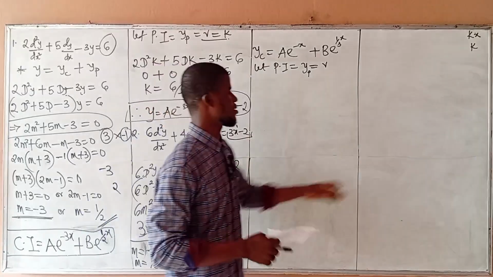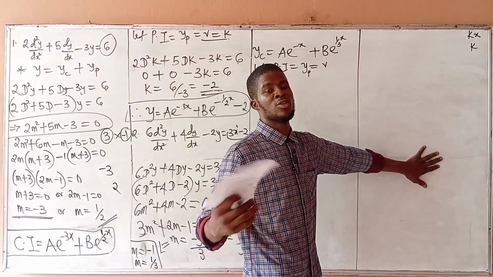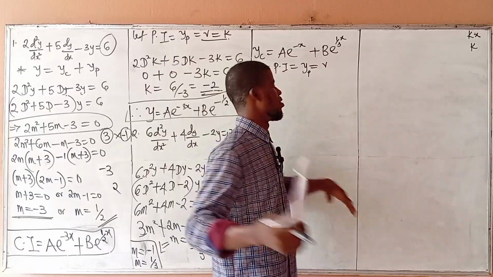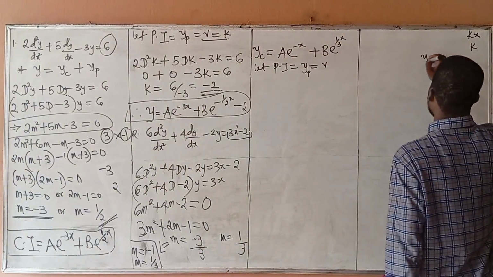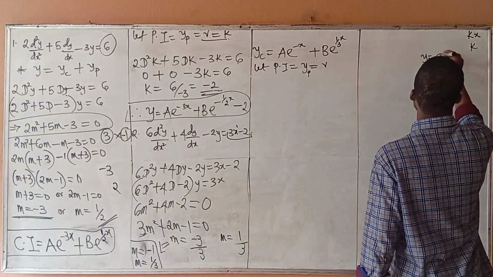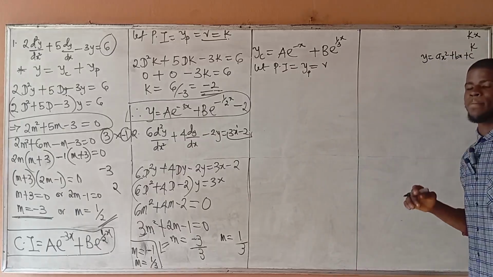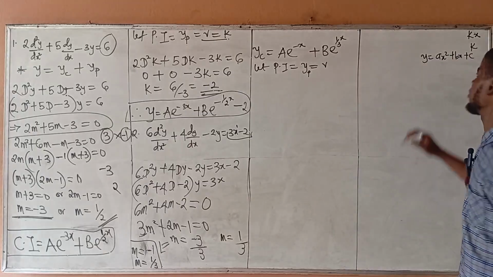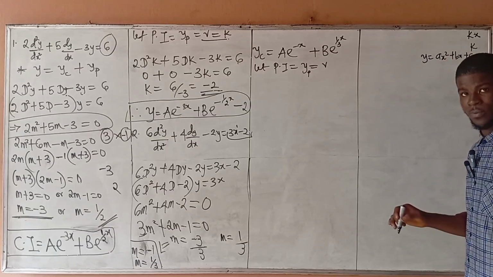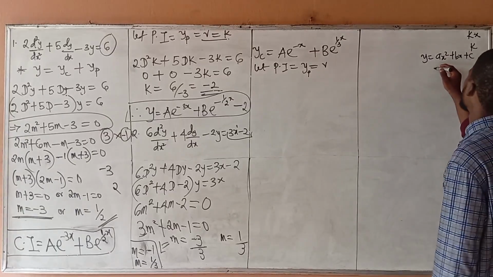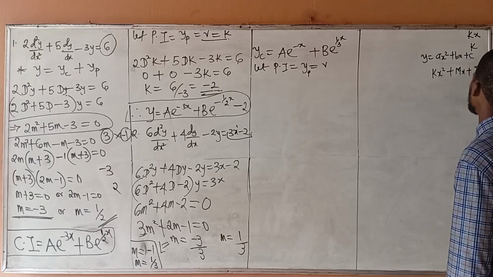So if you check those functions I wrote earlier, when I was giving the different cases for the particular integral, I said that for a function like y equals, let's say, ax squared plus bx plus c, the particular integral should be another function like this of degree 2. You get it? Something like kx squared plus mx plus n.